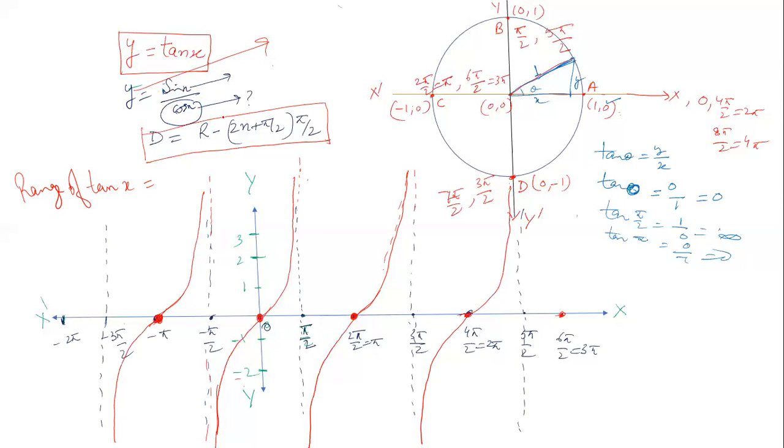On substituting all real values except odd multiples of pi by 2, what is the output, that is, the value of y? We can see the minimum value goes to minus infinity and the maximum value goes to plus infinity. So the range would be minus infinity to infinity. This is the range of tan x.